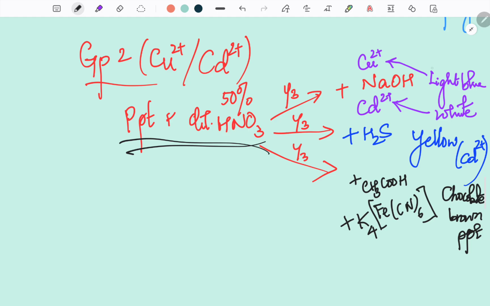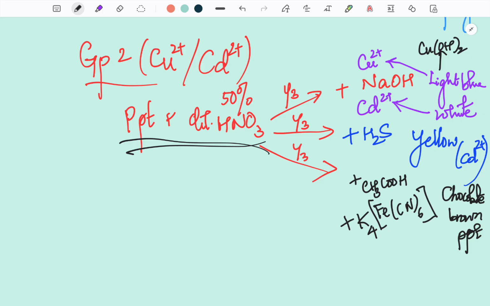So here the light blue precipitate in the first test is Cu(OH)2, that means cupric hydroxide. And I told you the light blue PPT, when you are adding excess NaOH, you will be able to see deep blue coloration.